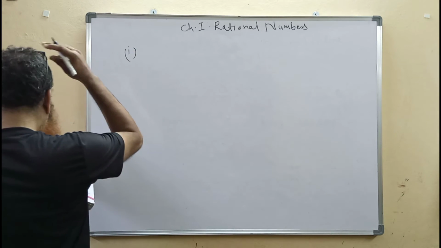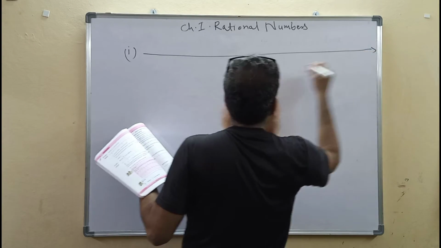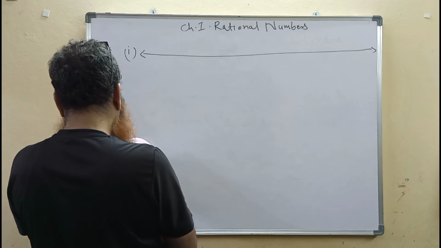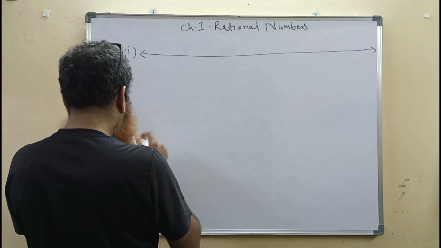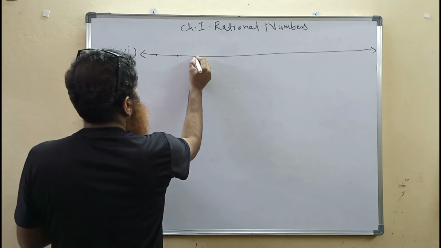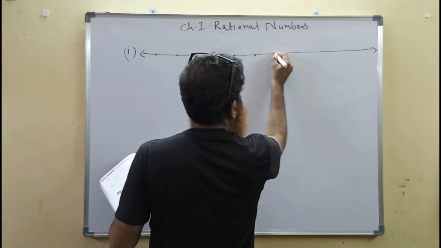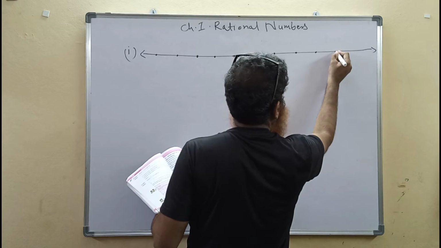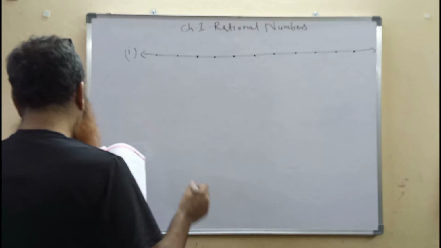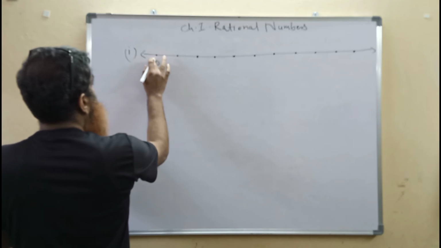The first one, there is a big long number line, which has 11 points on it, and the first point is marked as 0 by 5.